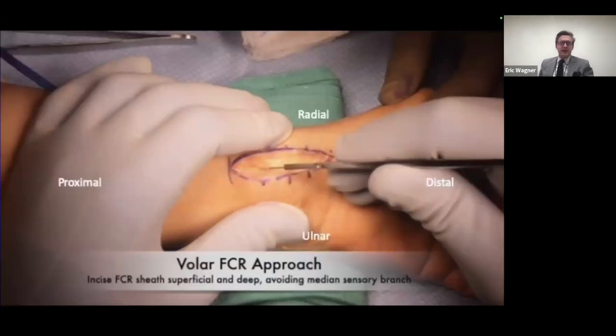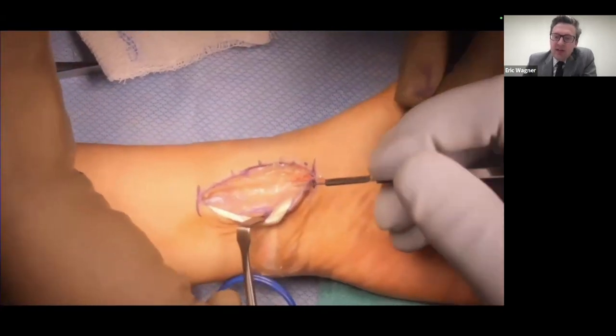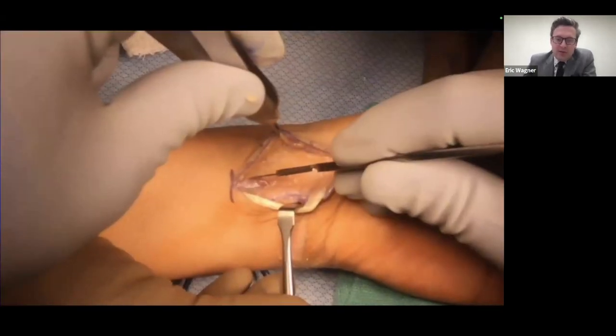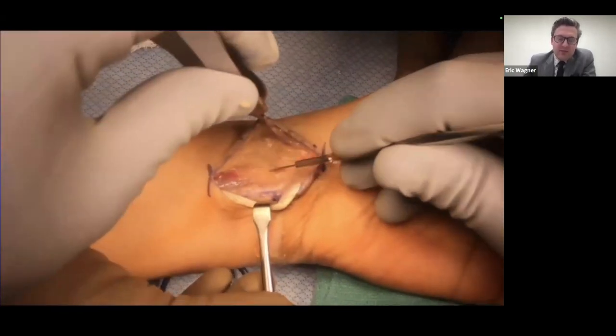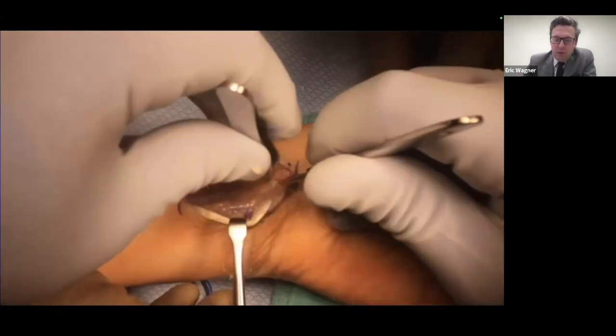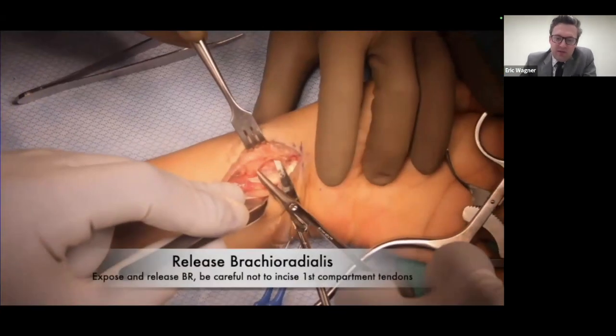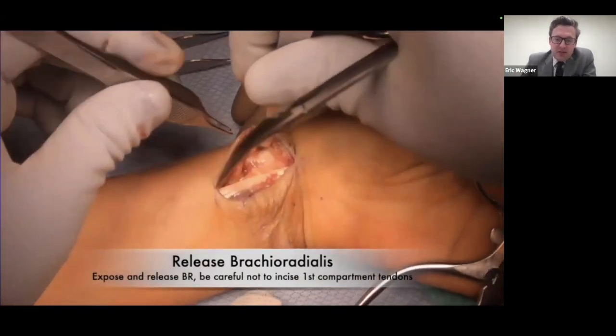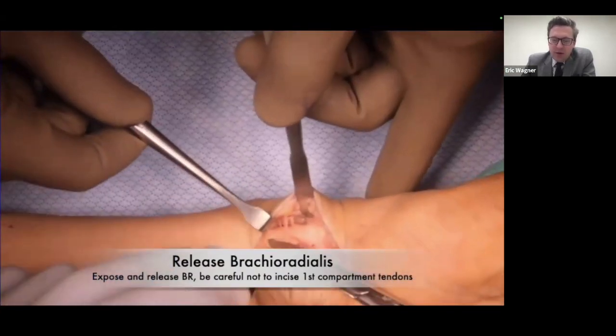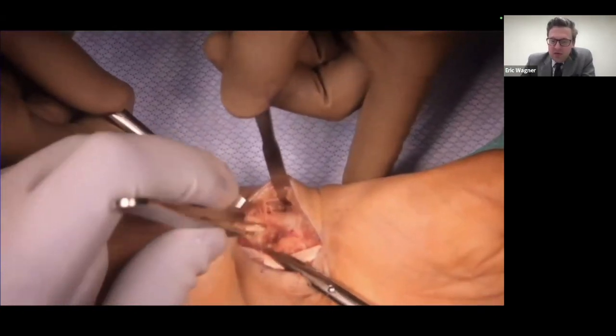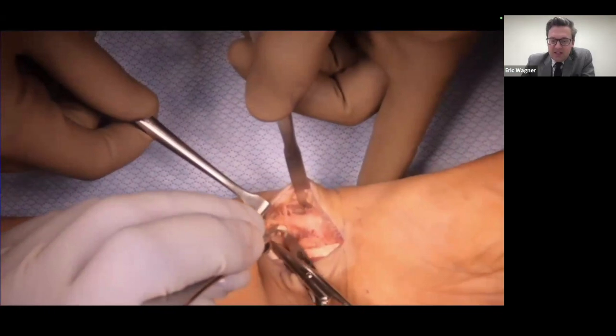So I'm going to show my technique on this bridge plate hybrid construct. When I do a bridge plate, I almost always do a hybrid. I'll show you examples where I don't, but the vast majority of the time I'm doing a hybrid, meaning a volar fixation and a bridge plate fixation. This is a very classic volar approach. I don't have to talk most people on this call through it, and they all probably have their own preferences of how to do this.